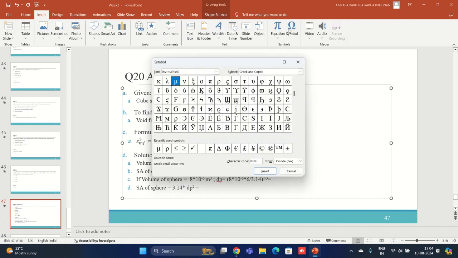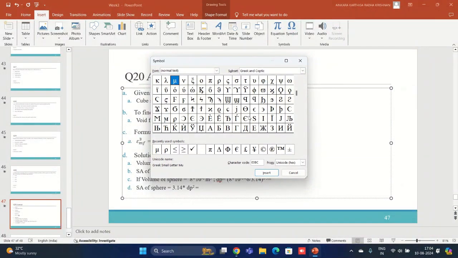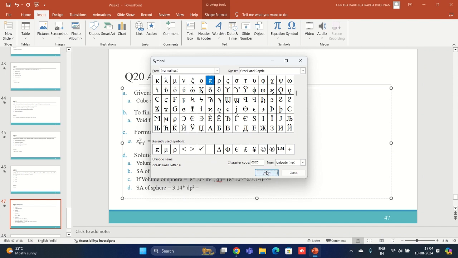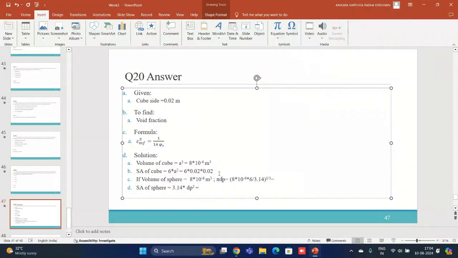Pi by 6 dp cubed, and pi dp squared is equal to 3.14 into this.